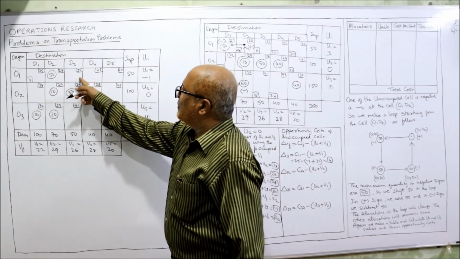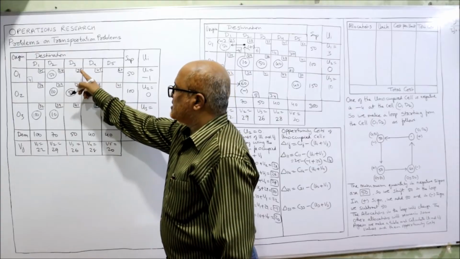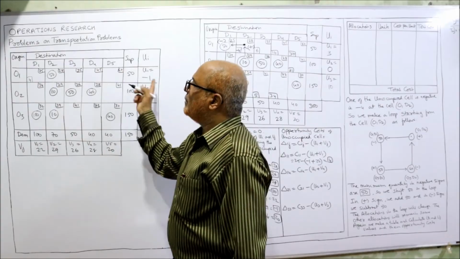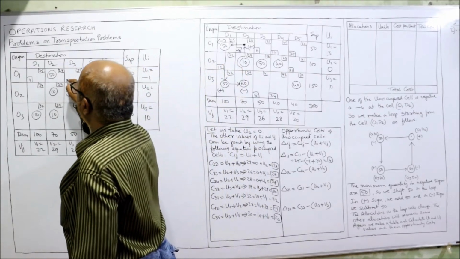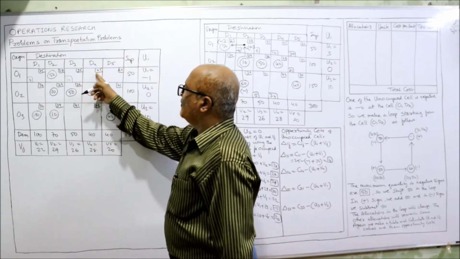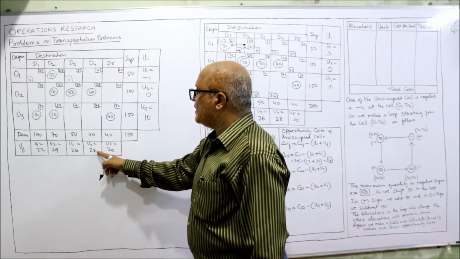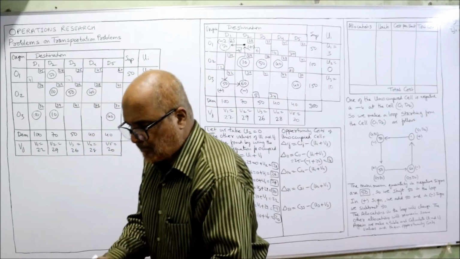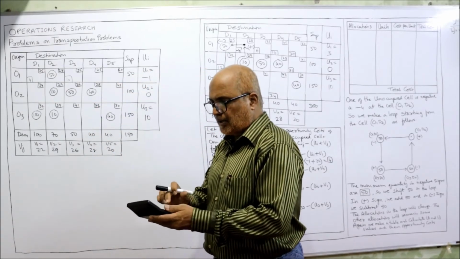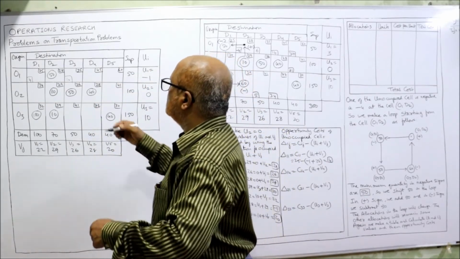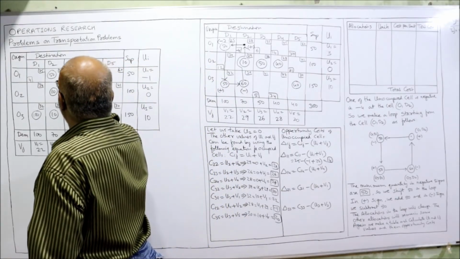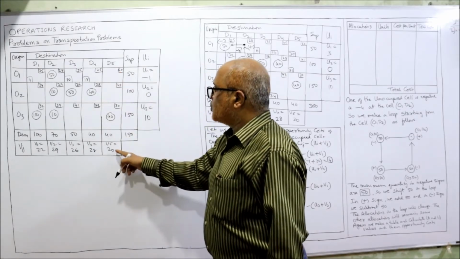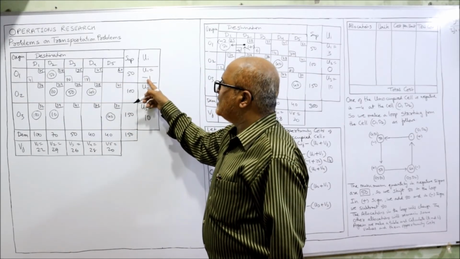Now in the table itself I am calculating. 35 minus (26 minus 1 is 25), so 35 minus 25 is 10. Here 45. So total is 28. 28 minus 1 is 27. So 45 minus 27 comes to 18. So here we got 18 opportunity cost. Now here 60. 20 minus 1 is 19.